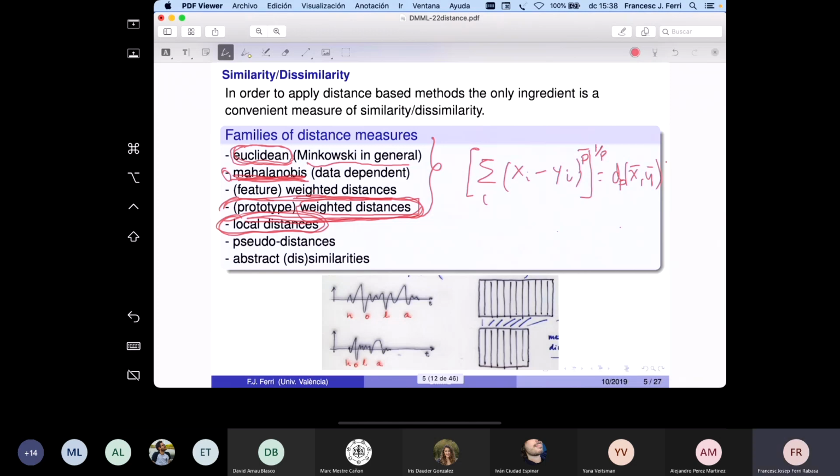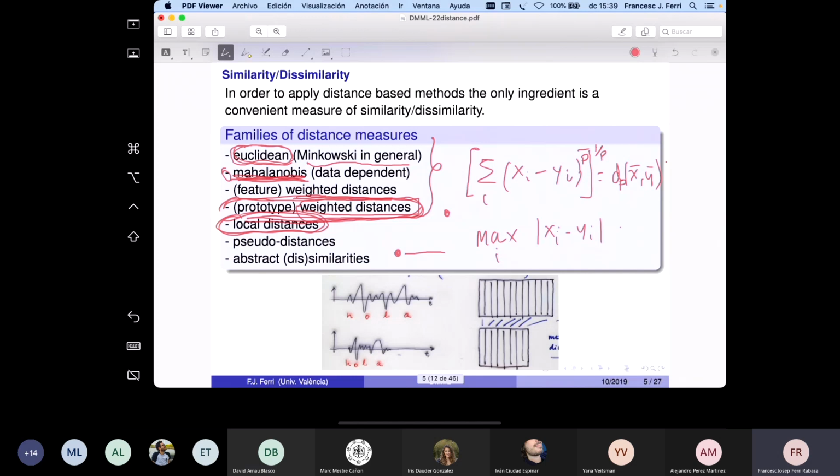But this expression, when p tends to infinity, then what we have is this, which corresponds to measuring the distance from one point to another point as the... well, this is one of the options.